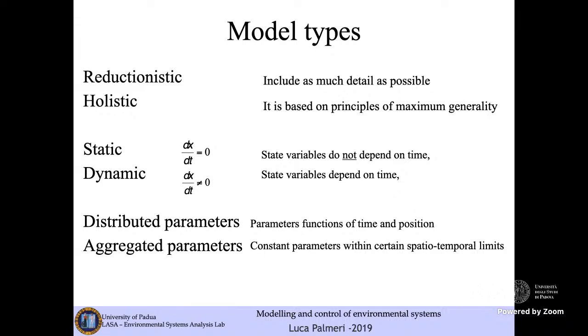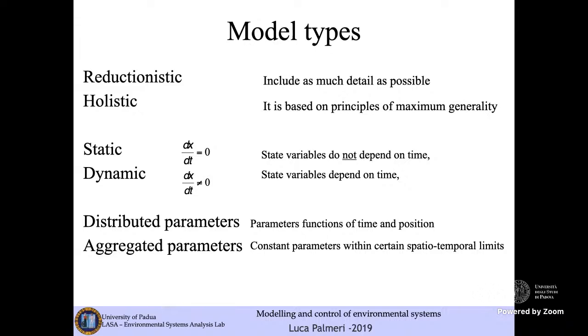As a rule of thumb, we may see reductionistic models as a mechanical description of a system that is undergoing only, for example, gravitational forces. Thinking of Newton's laws of motion is an example of a reductionistic model.